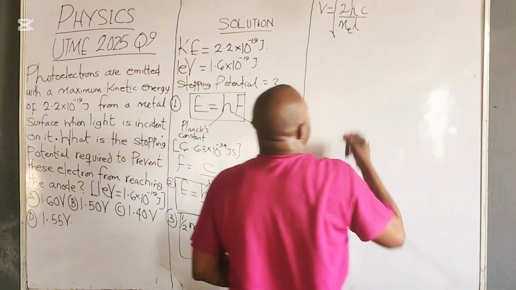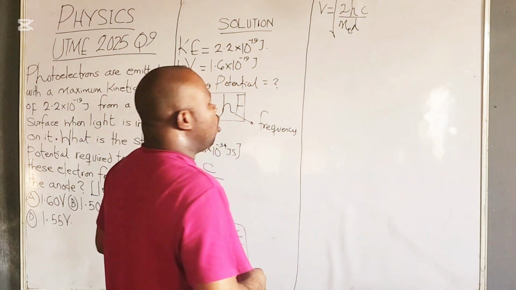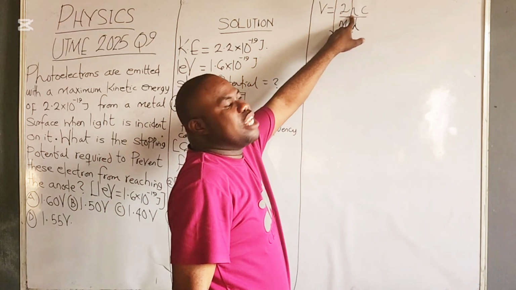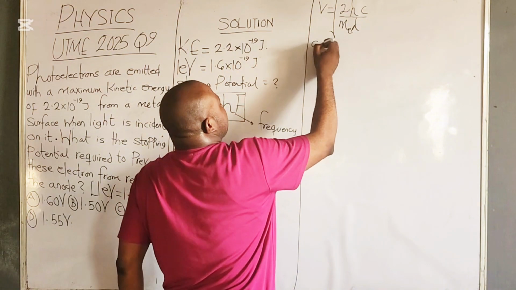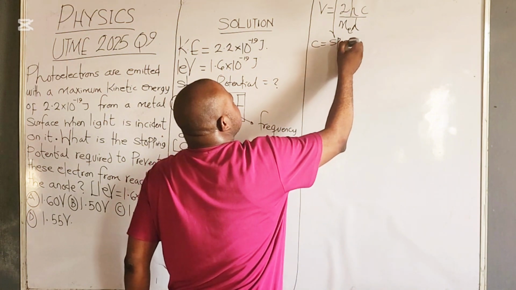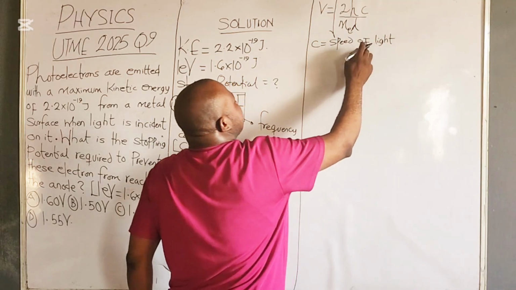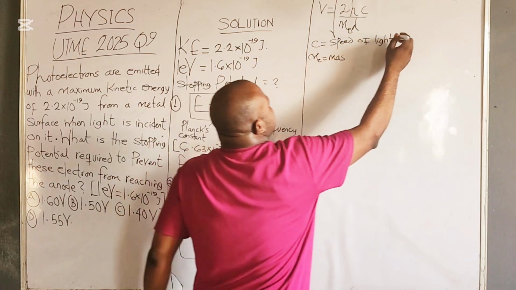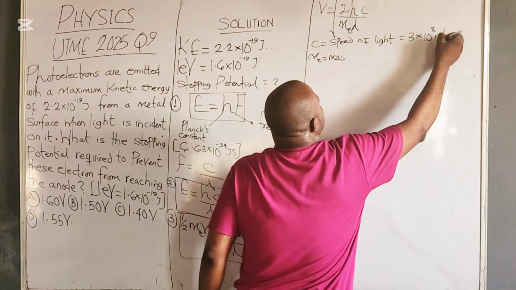You have this formula if you have to calculate the velocity of a moving electron. So this is 2 multiplied by h, which is your Planck's constant, multiplied by c. c is the speed of light, which is 3 times 10 to the power 8 meters per second.